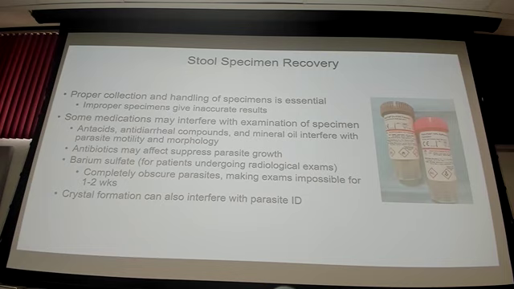Some of those things you wouldn't necessarily think of: antacids, anti-diarrheal compounds, anti-motility drugs, Imodium, things like that. Mineral oil, all of those things will screw up particularly your ability to find the trophozoites, maybe not the cysts. And it will also screw up the morphology if you do see them. You really need to have those structures intact.